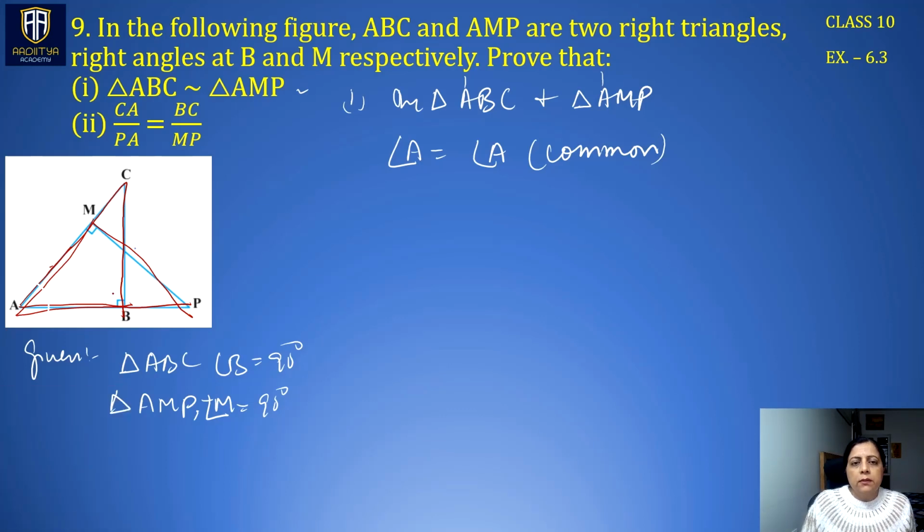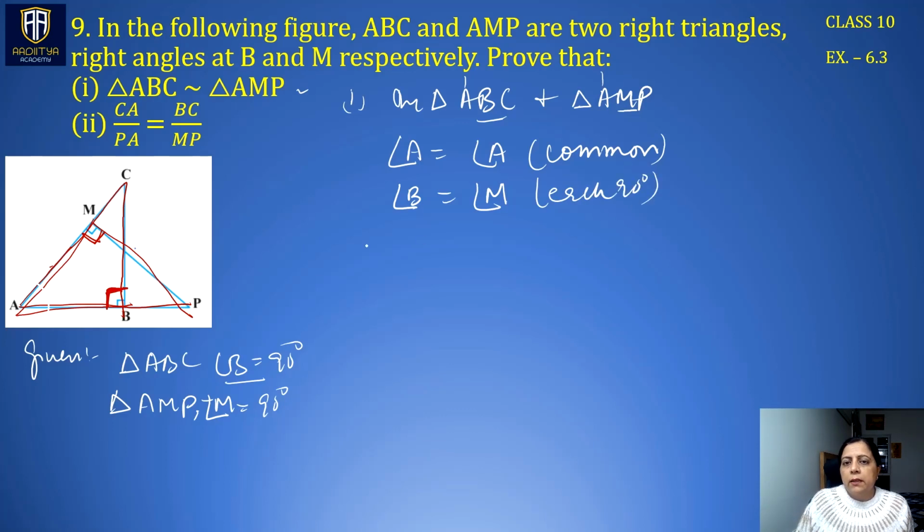What next we can do is mark these. We are given that this angle in ABC is 90 degrees. In AMP, it is 90 degrees. So we are given that angle B is 90. Here B is equivalent to M, each 90 degrees.